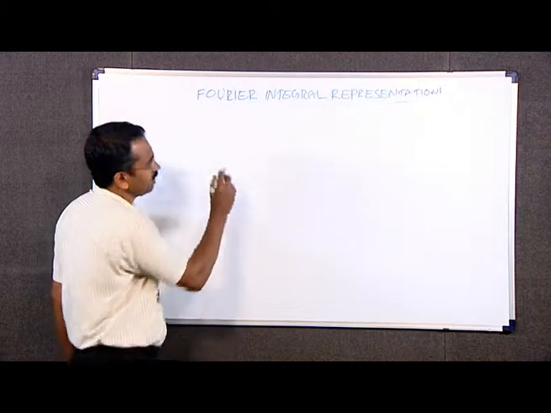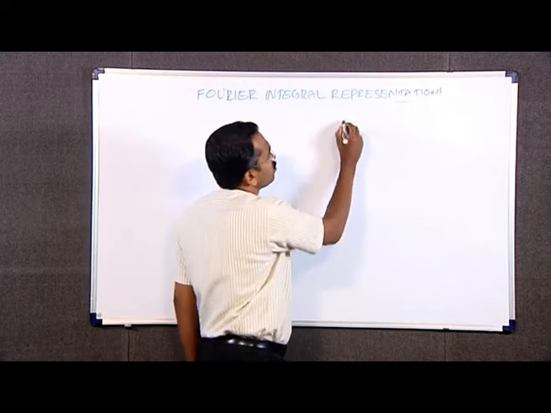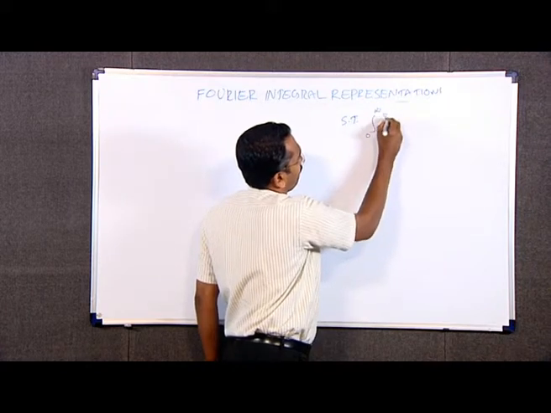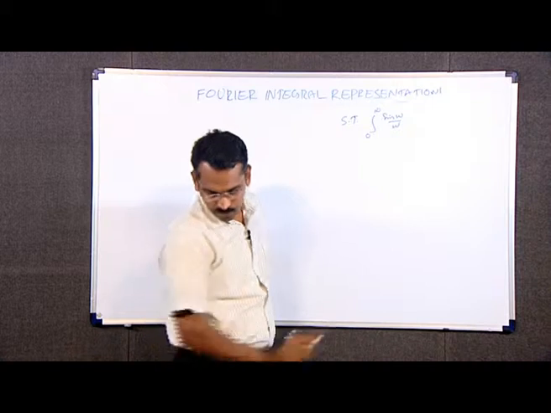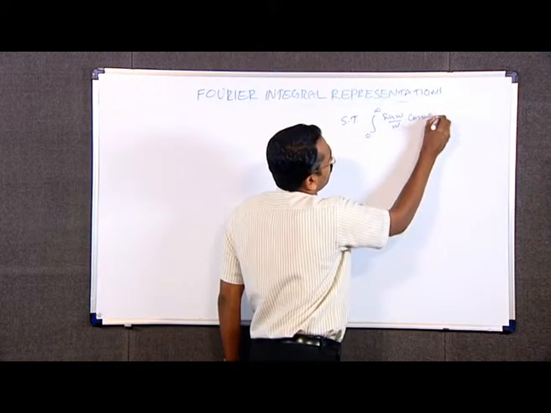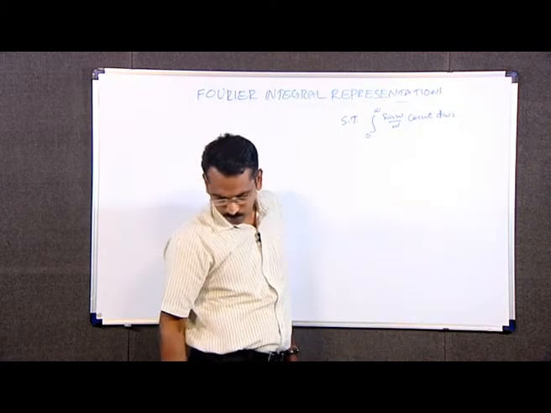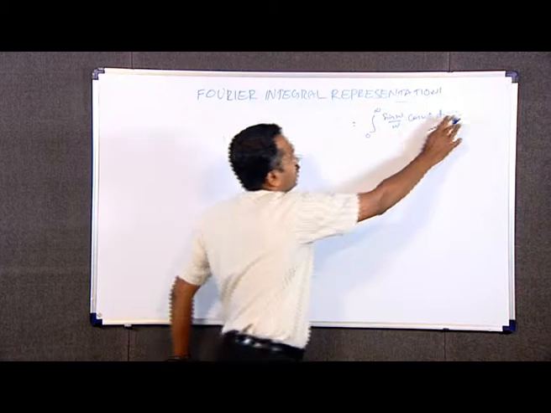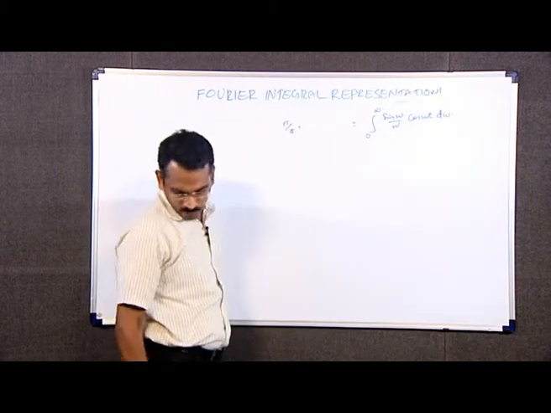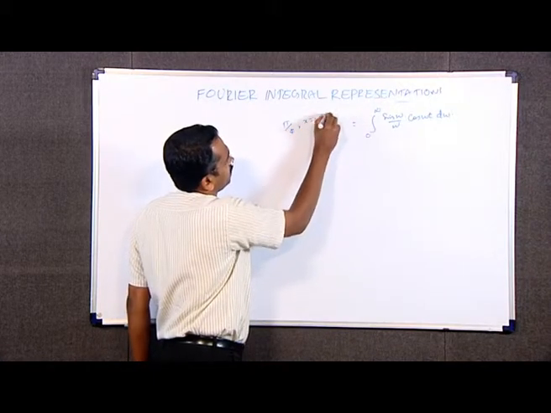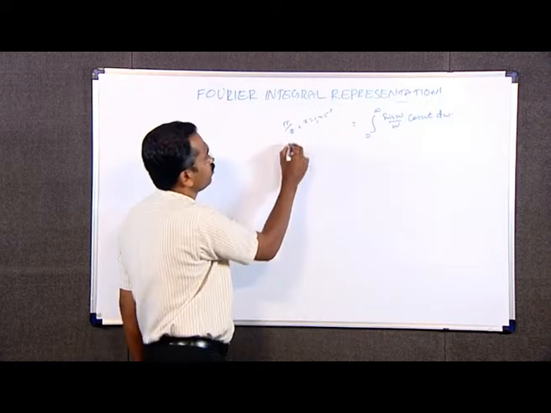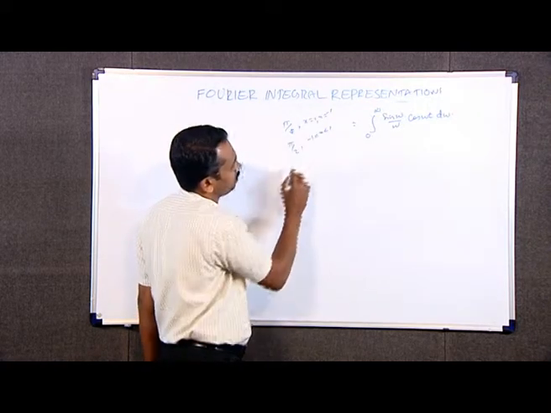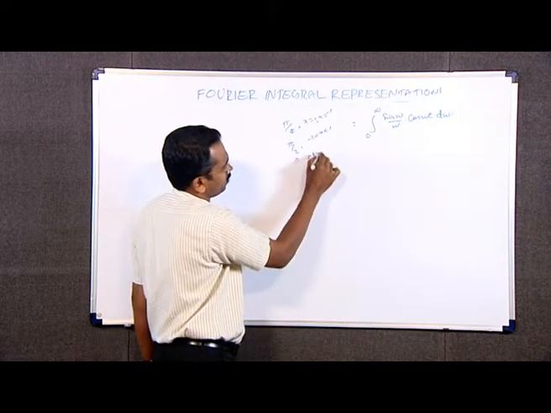The question is: using Fourier integral representations, show that the integral from 0 to infinity of sin omega divided by omega into cos omega t d omega is equal to pi by 4 for x equal to 1 and x equal to minus 1, and the value of this integral is pi by 2 for x in between minus 1 and 1, and is equal to 0 elsewhere.